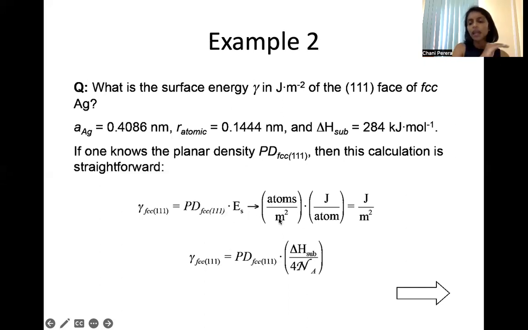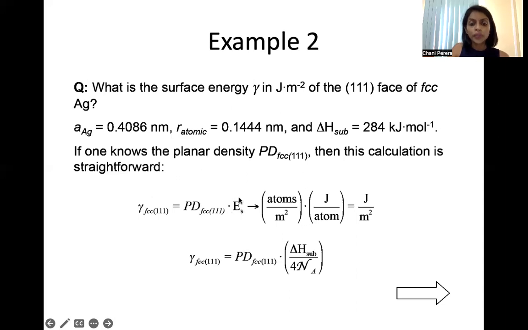Planar density means in a unit surface, how many atoms are going to be there, and you multiply it by the free surface energy per atom. Then you are going to get the surface energy in joule per meter square.